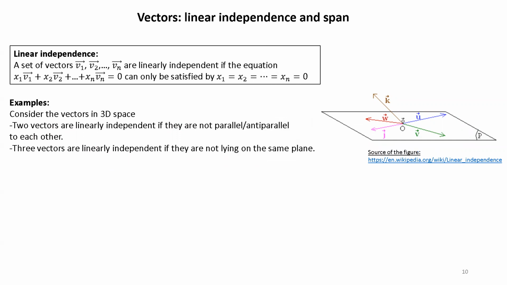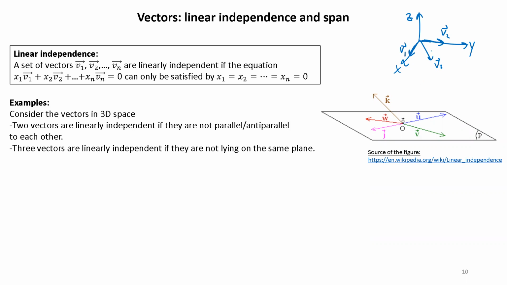But remember the counterexample I gave last time, right? If I have this XYZ space, this is my first vector V1, and this is my second vector V2, and then this is my third vector V3, which is also lying on the XY plane, then you realize that this V3 can be written as a linear combination of V1 and V2, right?